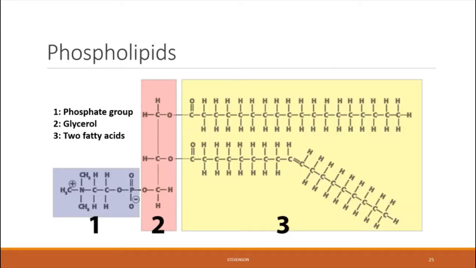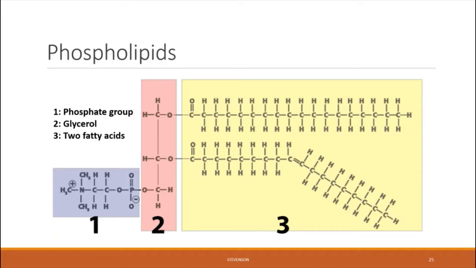So we just saw how a type of common lipid called a triglyceride was formed, but there's another type of specialized lipid that we need to discuss again, and that is a phospholipid. Now, we briefly mentioned phospholipids previously in our lecture when we were discussing water and the hydrophobic effect. You may remember that from our last lecture.